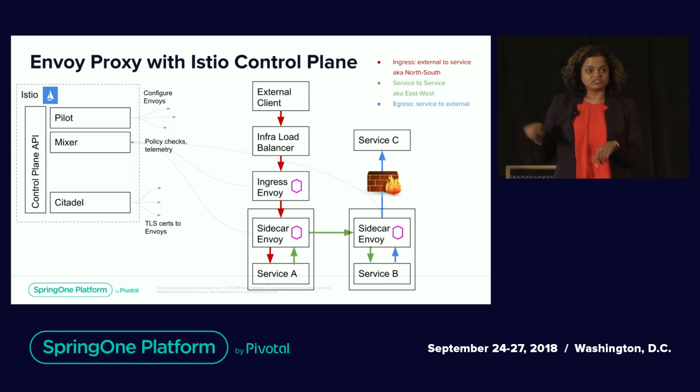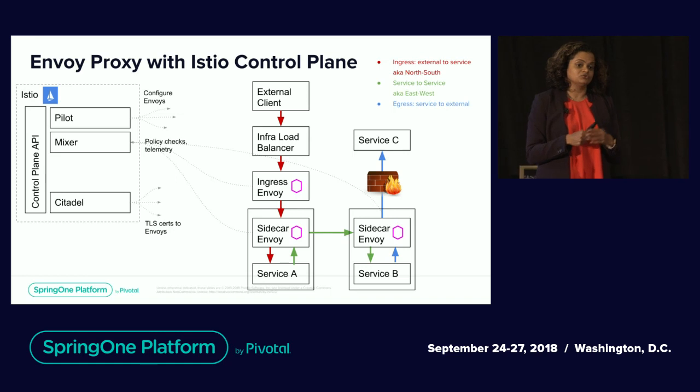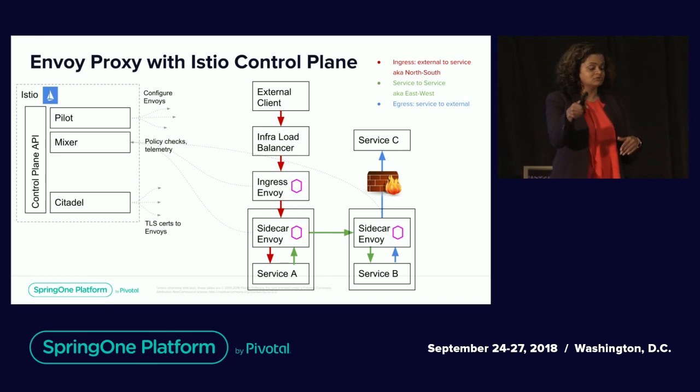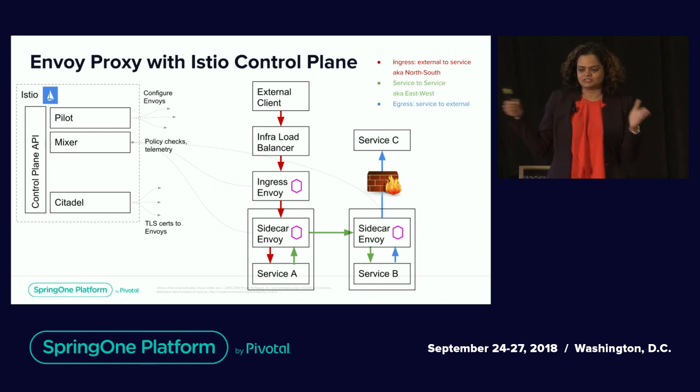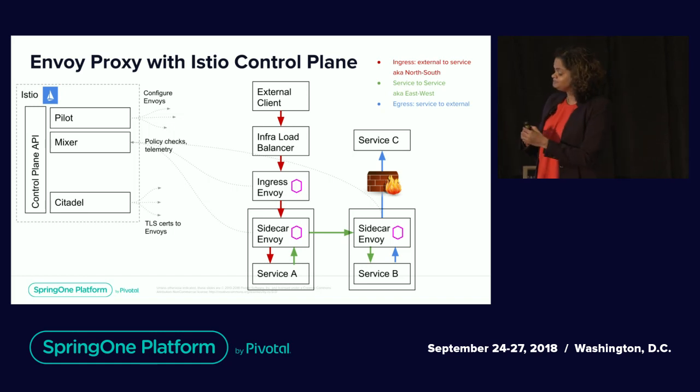And there's an egress flow, which will go to things that are outside of the mesh. And you could also apply policy going out through your sidecar envoy. So if you can see, the service mesh is really about providing a consistent kind of behavior across north-south as well as east-west traffic flows.